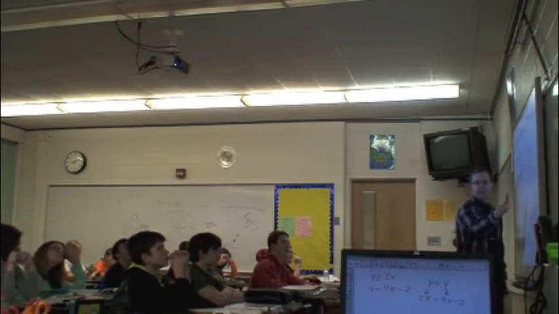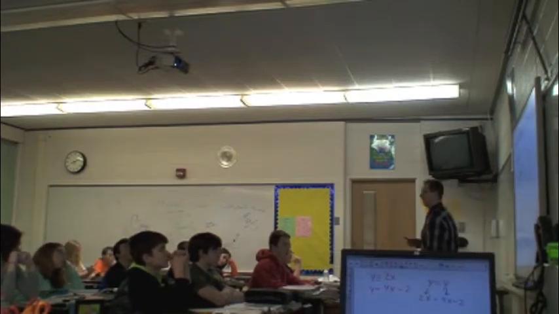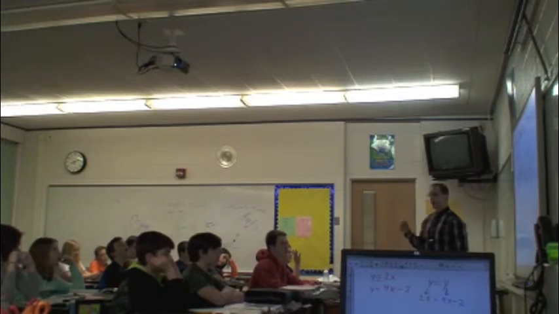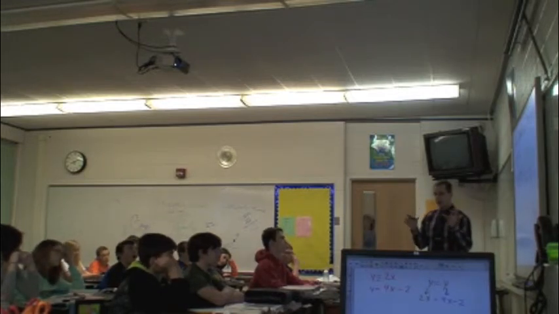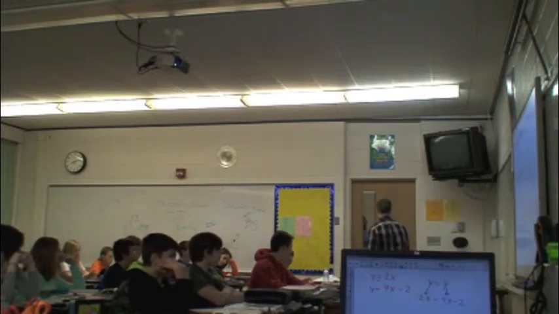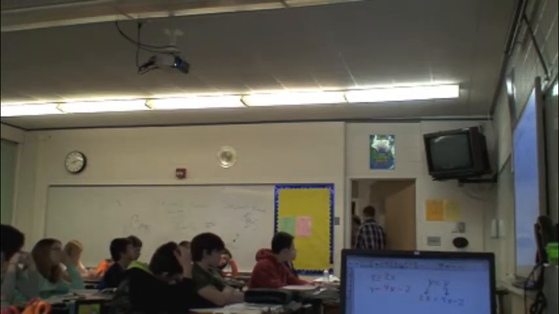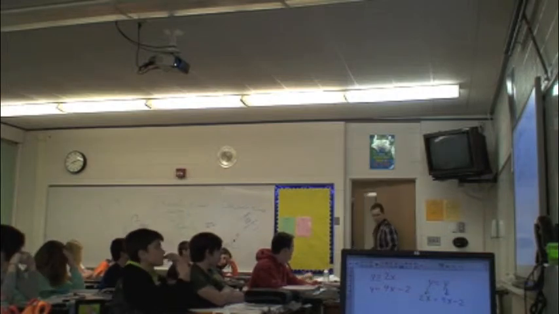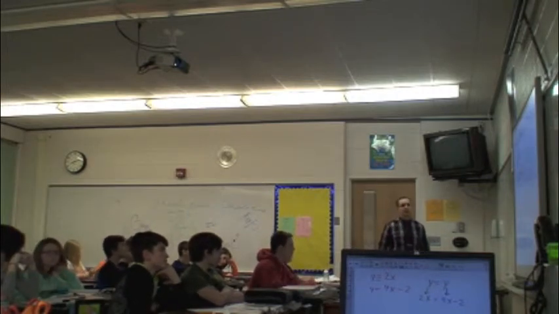Now what do we have here? Just x, right? We have just x's in the equation. So now we can solve for x, can't we? Yes. So we can solve for x here.